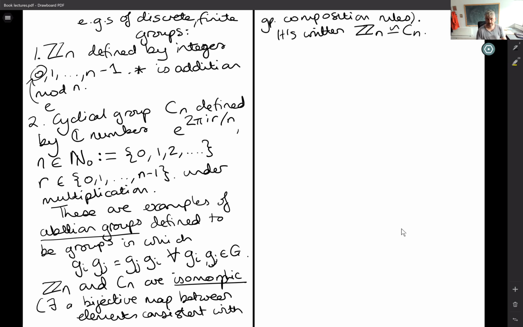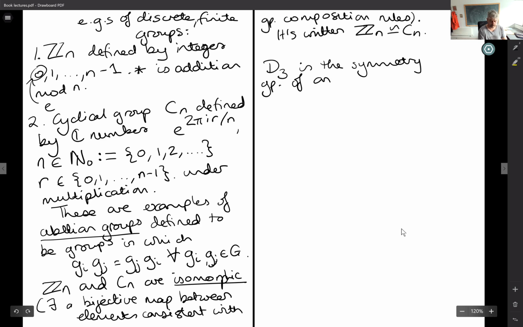So let's have another example. Let's look at the dihedral group D3. So you get various dihedral groups, Dn, and it's just the symmetries of a regular polygon with n sides in 2 dimensions. D3 is the symmetry group of an equilateral triangle.